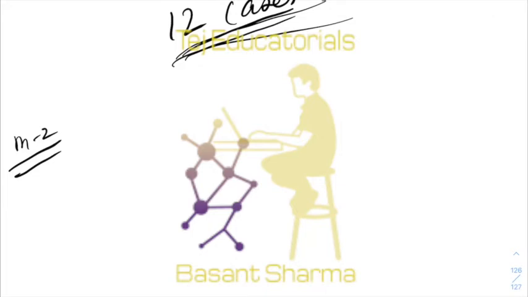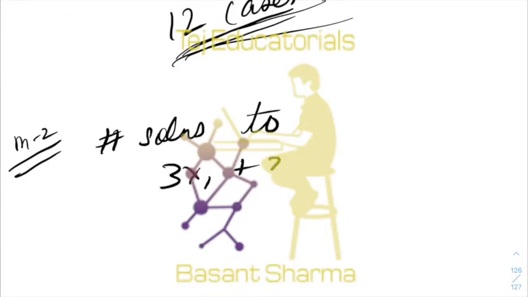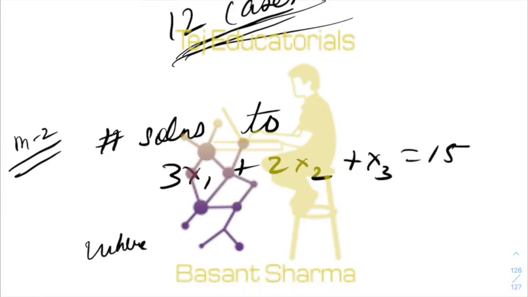you see, the answer is nothing but the number of solutions to this equation, where x1 is greater than or equal to 1, x2 is greater than or equal to 1, and x3 is greater than or equal to 1.